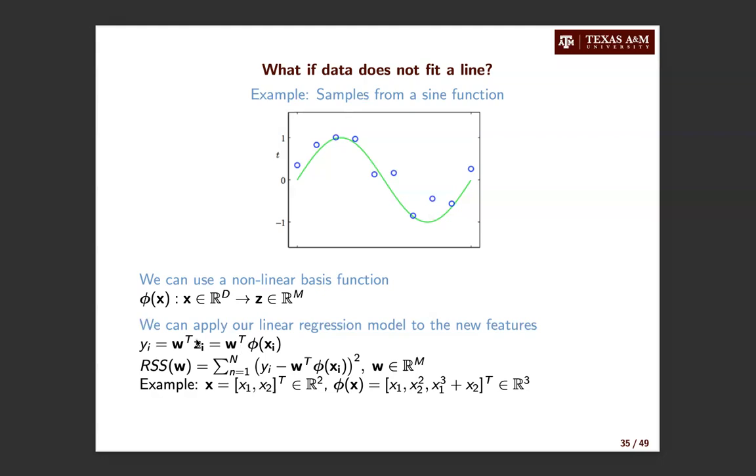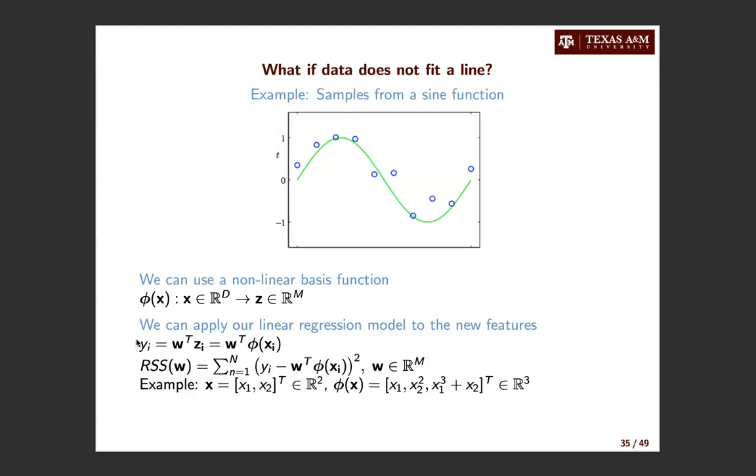After having transformed our original space into this transformed space phi, when we multiply the transformed space with our weights, we get our output label y.